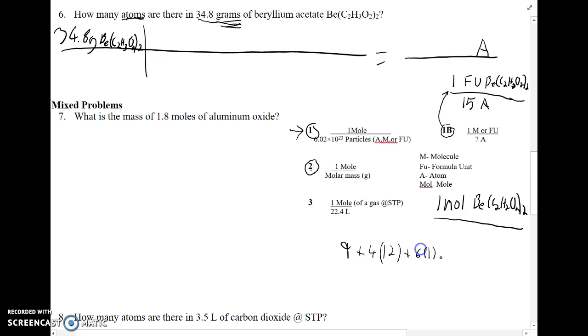There are 6 of them, plus oxygen, which has a mass of 16, and there are 4 of them. When I add all that up, that is going to give me the molar mass of beryllium acetate, and that is equal to 127 grams of beryllium acetate.